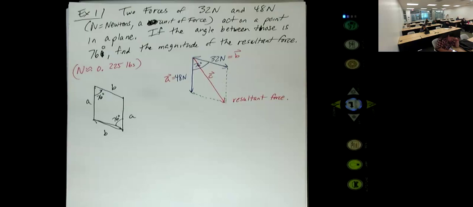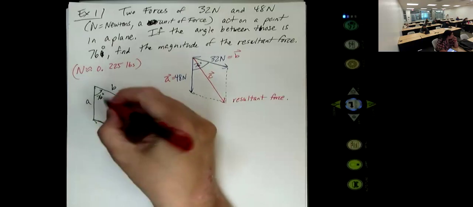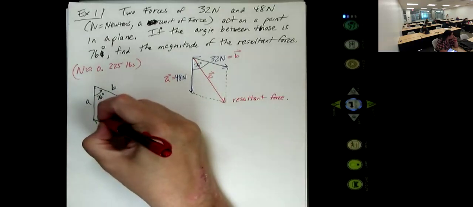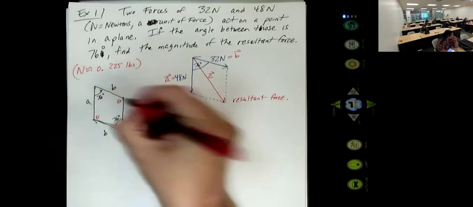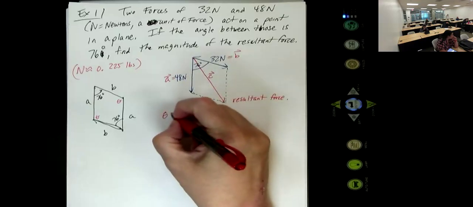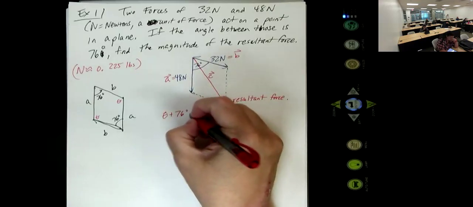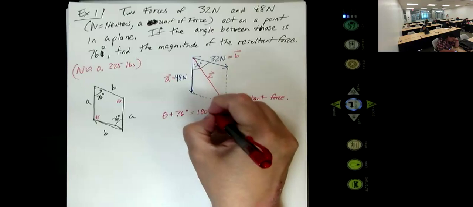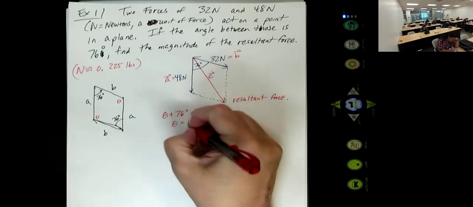What does that tell me about the other two angles? If I call this theta, this is gonna be theta. Theta plus 76 needs to equal 180. So theta equals 104.